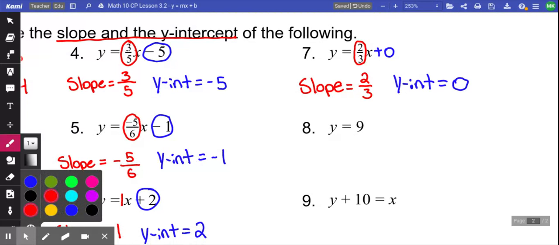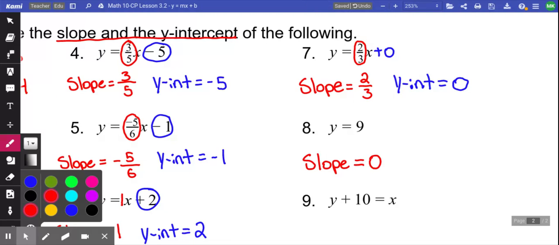8. 8 is a tricky one because there is no x there. So that means the slope is not 1. That's not what this means. Because there's no x term, that means there's 0 x's. That means the slope is 0.